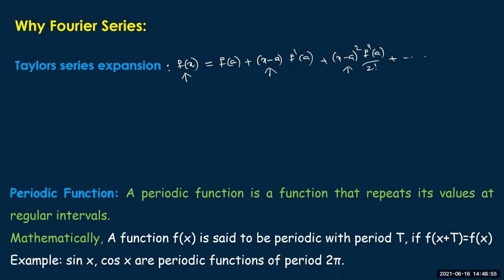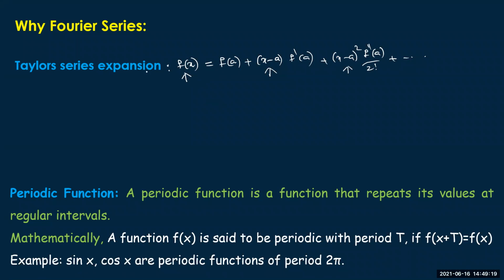But in nature, when we are observing certain things, many things around us are in waveform, isn't it? So when you have those kinds of functions, representing them in algebraic polynomials is not proper. It is better to represent them in periodic functions, isn't it?